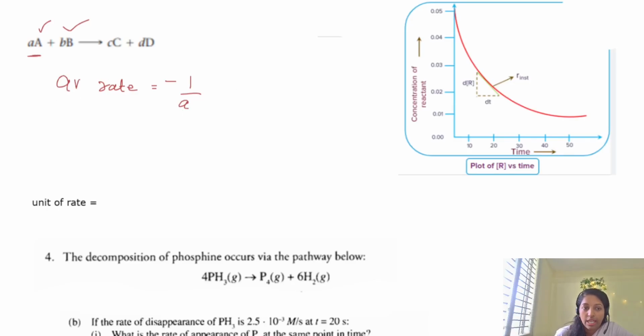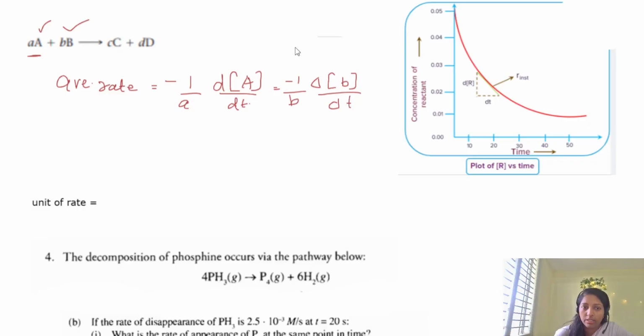So what we are doing is average rate. While you're doing average rate, you also need to take care of the coefficient. Minus 1 over a, change in concentration of A over change in time. And the same thing you can express in terms of the change in concentration of B over change in time. Correct.